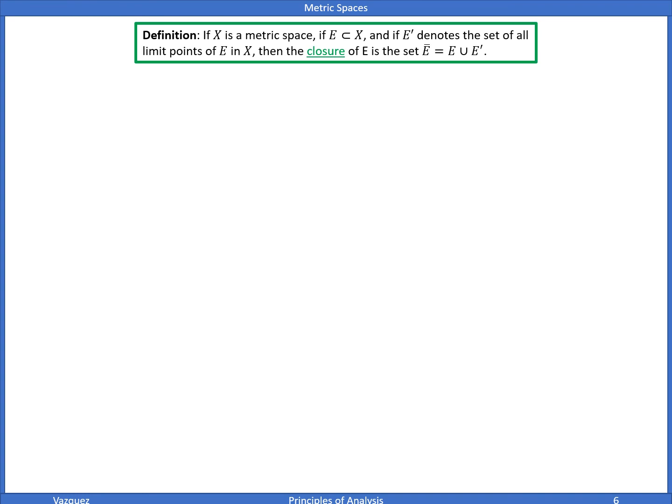And we denote the closure with that bar on top, this bar here. That's how we write closure of E. So again, it's just a union of the set and its limit points. That's the closure of a set.